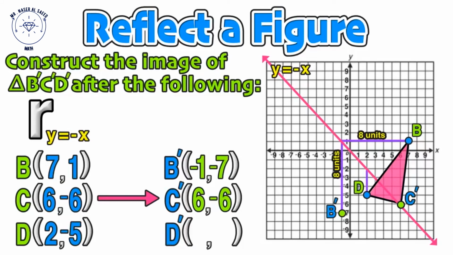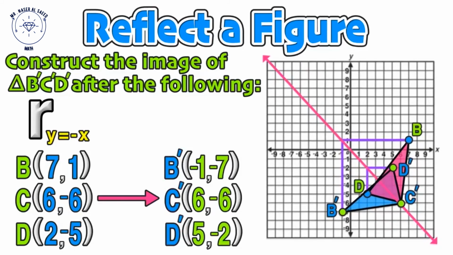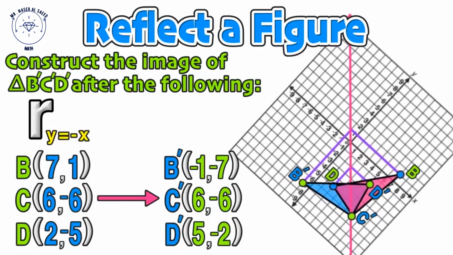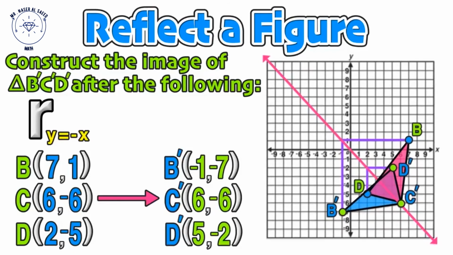And finally, since point D is below the line of symmetry, we will start by counting how many units vertically it's away from the line y = -x, and then repeat the distance moving horizontally above the line of symmetry. Now we have the coordinates of D prime at (5, -2). By connecting these vertices, we construct the image B prime, C prime, D prime.